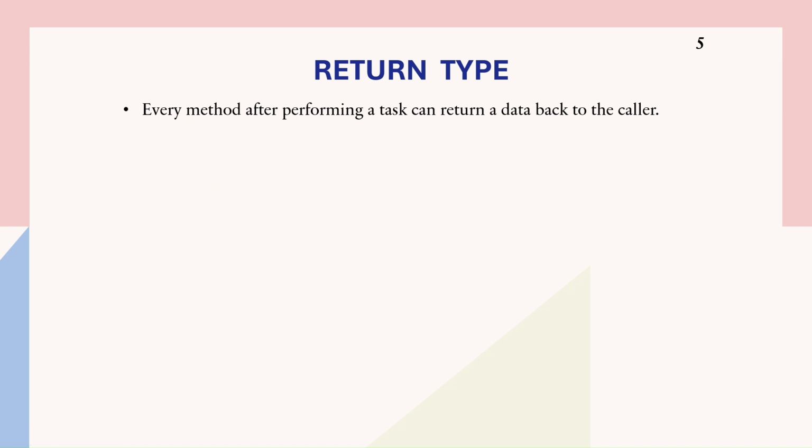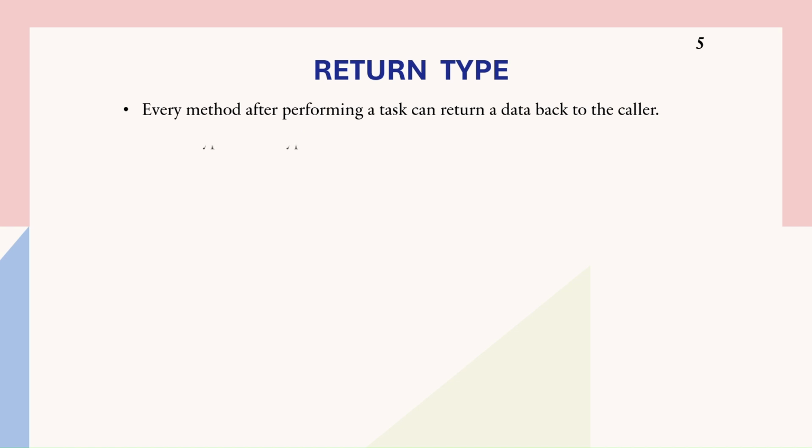So the next one is return type. Every method, after performing a task, can return data back to the caller. Whatever method you write in your program, if the method is integer type, string type, or double type, that method should return that type of data.